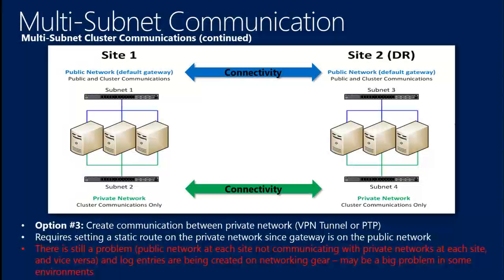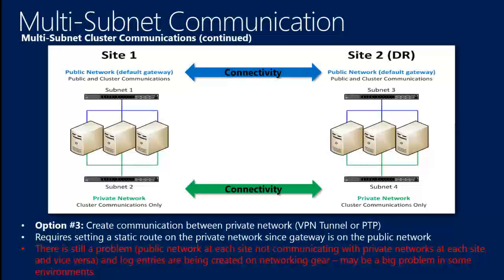So no matter what the setting is for plumb all cross-subnet routes with Windows Server 2008 R2 or below, it's always going to attempt communication from every node to every other node on every interface. There's no way you can turn that off because it has to do that to discover the valid routes between the clusters at the opposite site. It's a feature, and it's a needed feature, but what it means is that in our configuration right here, we still have a problem.